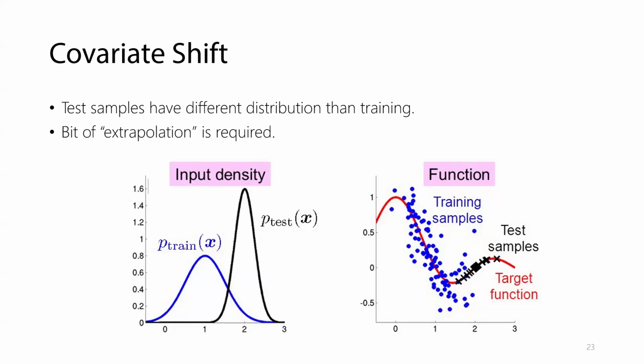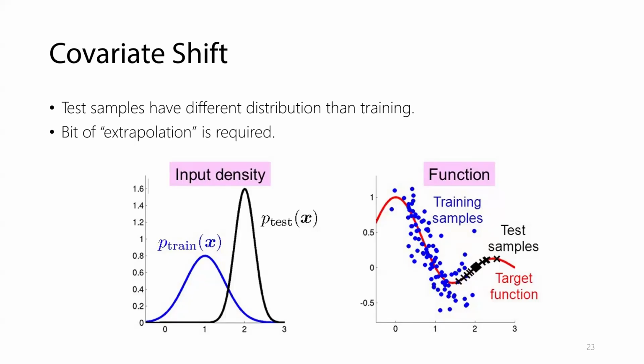At the end of the day, the whole point of doing machine learning is to make something useful, something that's generally applicable, not something that only works in a very specific setting. That is what the concern with covariate shift is.